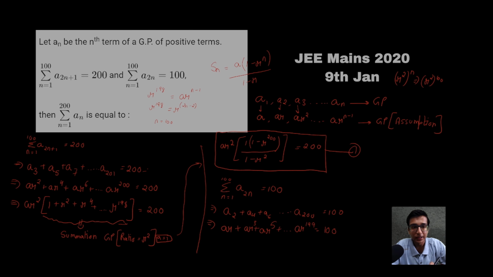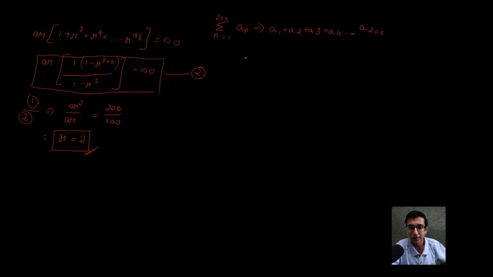And since we know that the value of r is 2, now let's try to solve this equation here. We would get a plus ar plus ar square up till ar to the power 199. This is what we have to find out, and we know the value of r here is 2.